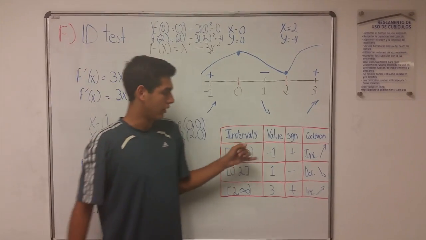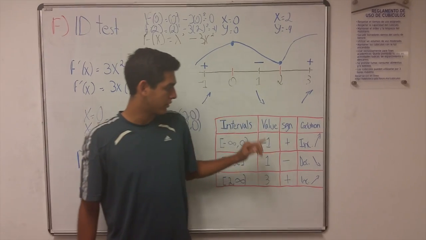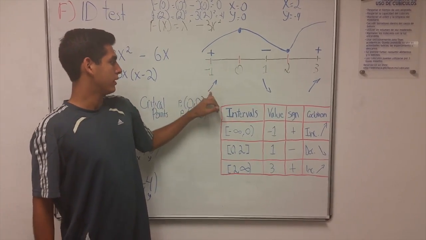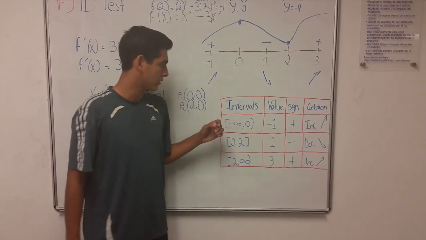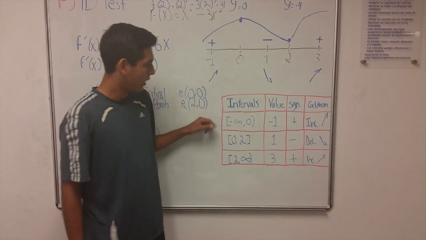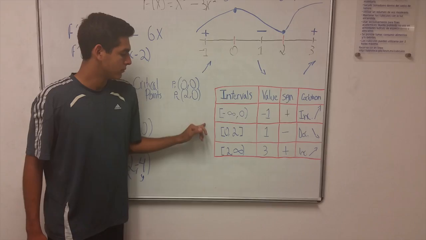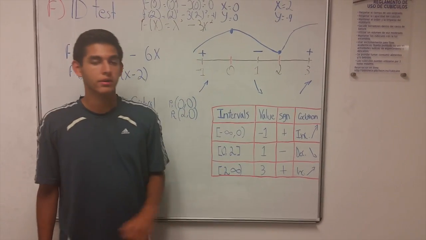And we see that given the sign that it gives us, it either increases or decreases. And we find the behavior of the graph: from -infinity to 0 it's increasing, from 0 to 2 it's decreasing, and from 2 to infinity it's increasing.